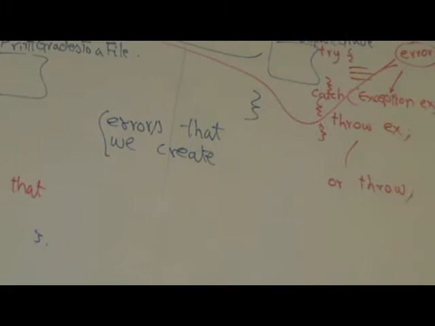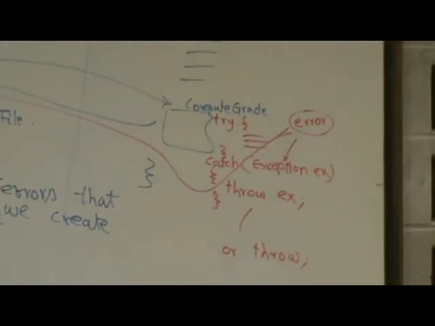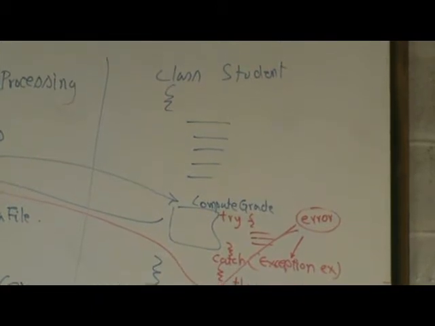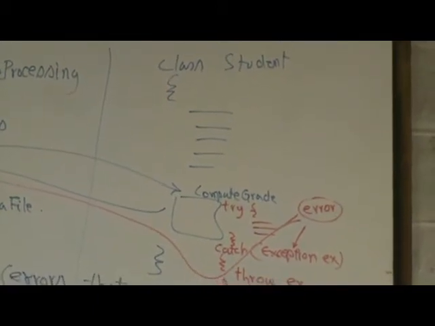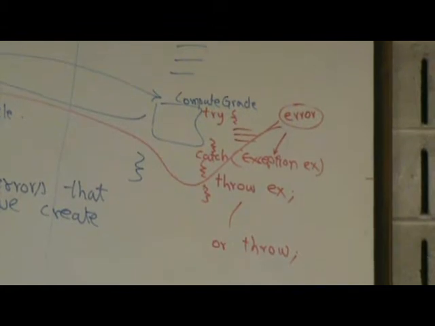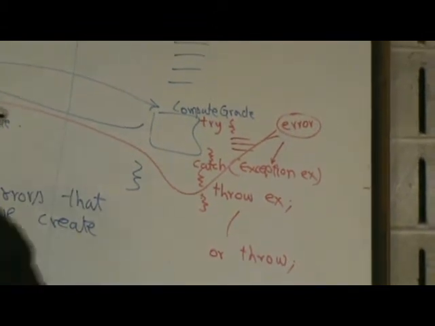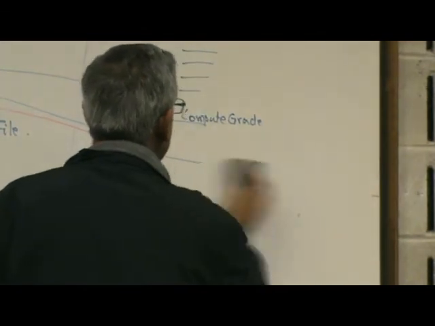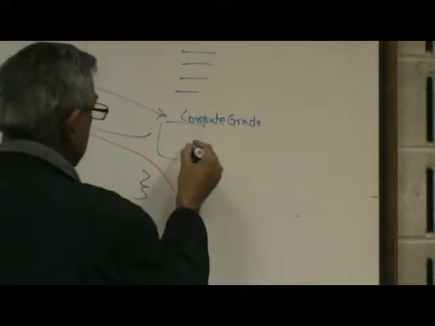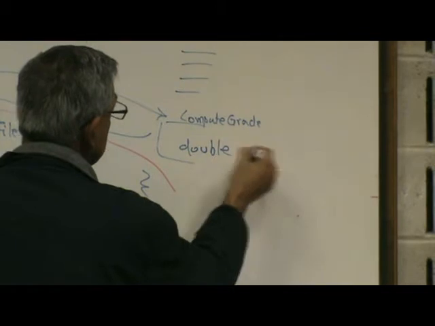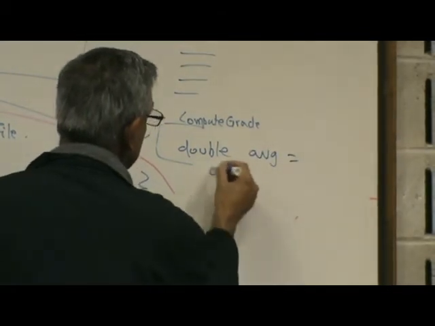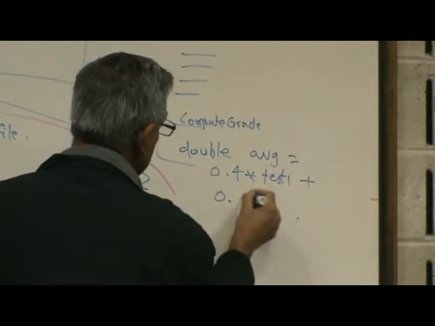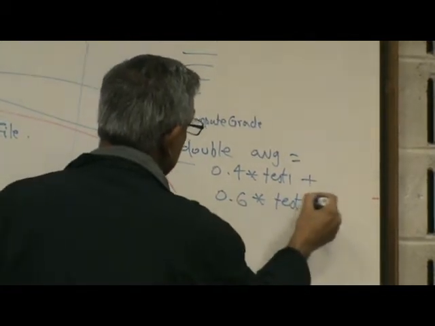In that case, we should not assign a grade to the student, okay? We should create an error, invalid data for the student, okay? So in that case, as you can see, what will our code look like in the compute grade? Okay, will look something like this. I remember we were writing it like this, double AVG equal to 0.4 times test 1 plus 0.6 times test 2, right?